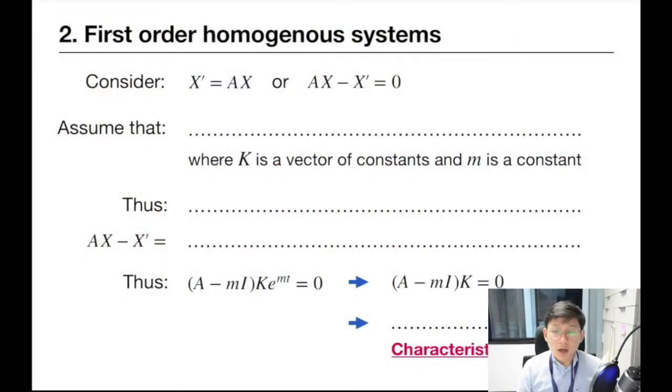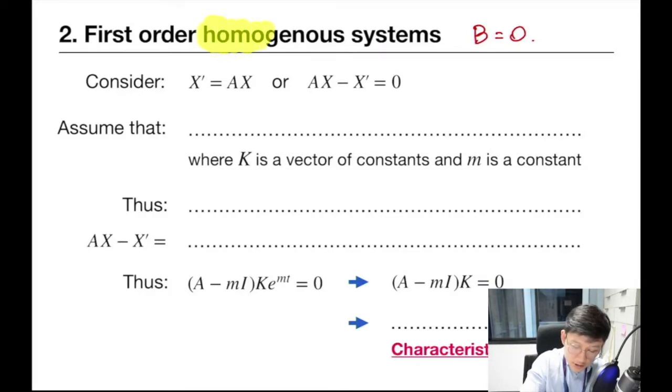First, let me talk a bit about the first order homogeneous systems. I told you before, in the introduction video, that this is the matrix form x prime equals Ax. And if you notice, our B right now is 0, and that is the meaning of homogeneous.